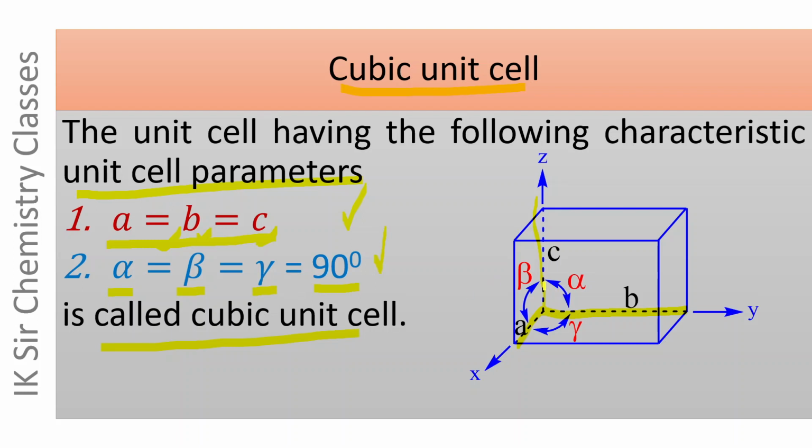Here alpha, the angle between y and z axis, is equal to angle between z and x axis, that is beta, and it is equal to angle between x and y axis, that is gamma, and all these 3 angles are equal to 90 degree, and such unit cell having these characteristic unit cell parameters is called cubic unit cell.